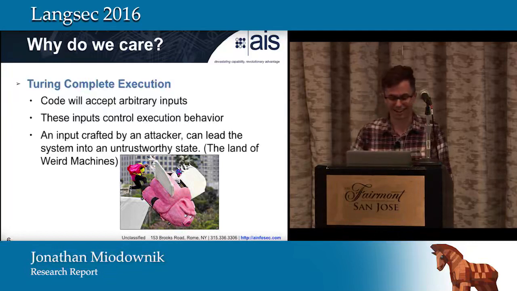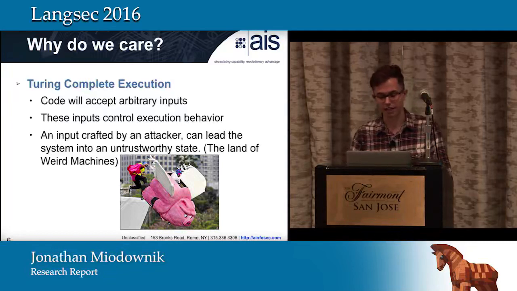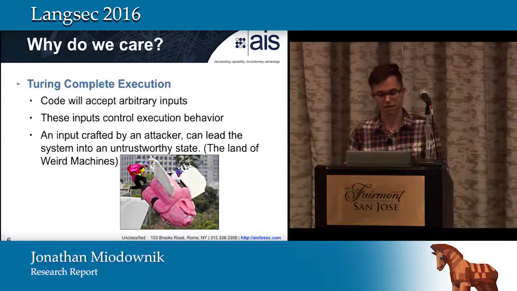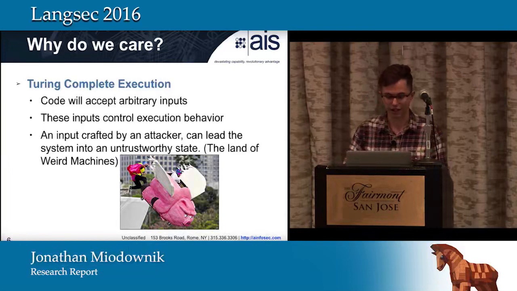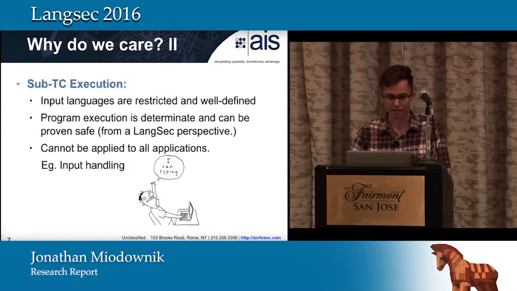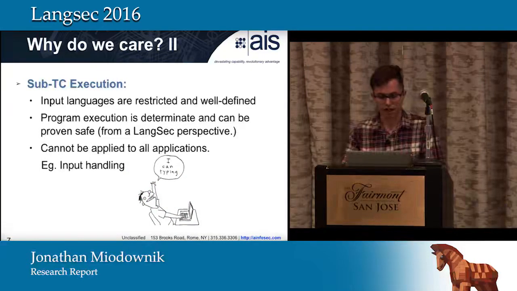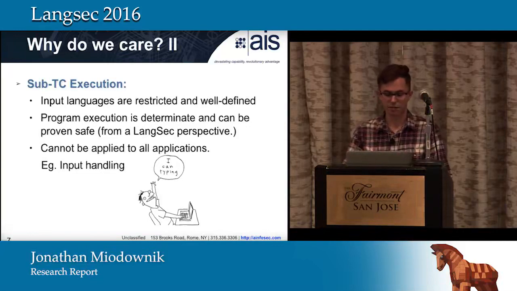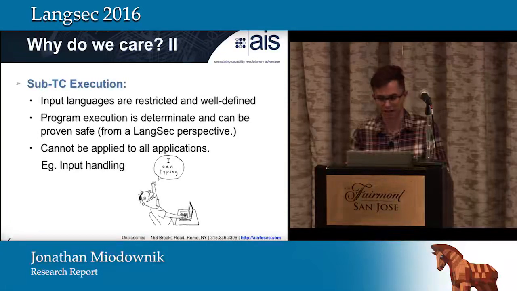And because of that, we can get ourselves into undesirable or untrustworthy states. So the land of weird machines in this case. So we don't enjoy that. However, in contrast, sub-TC execution is restricted and well-defined behavior, and from that we can actually have determinate operation, and it can be proven safe from a LangSec perspective.